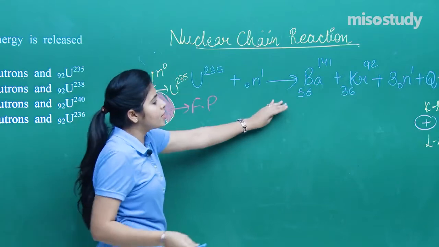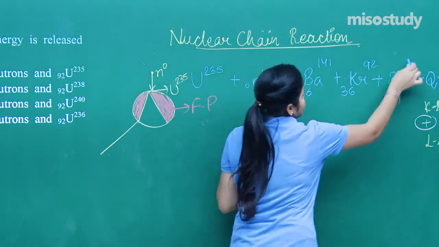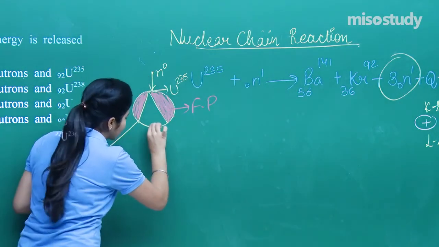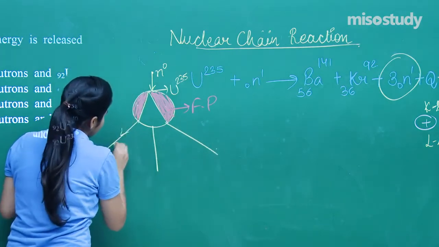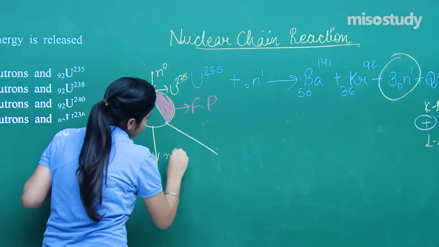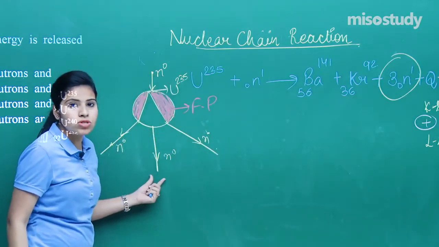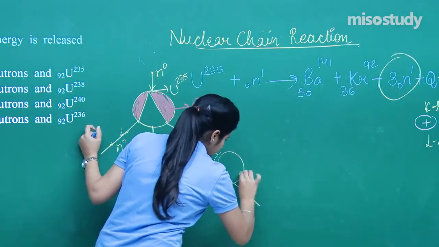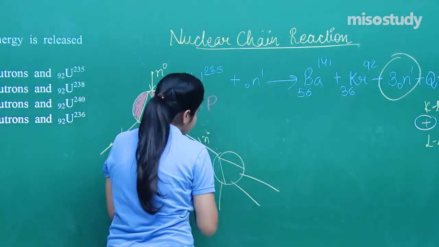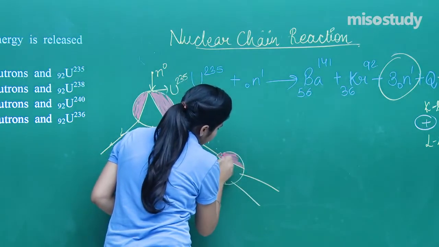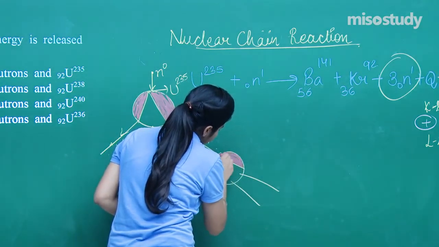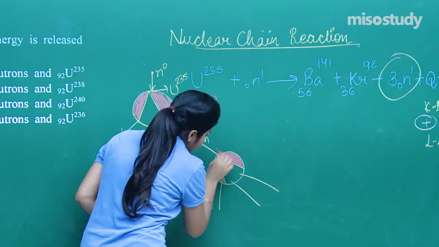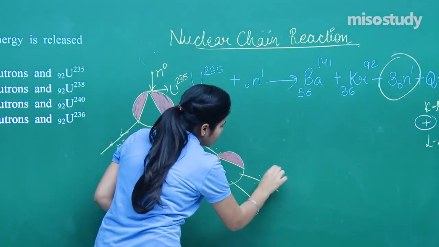Now in this case you have seen 3 neutrons are coming out. We are going to represent these 3 neutrons as 1, 2 and 3. These are nothing but the neutrons. Now when these fast moving neutrons are going to hit further U-235 isotopes, again this will be your fission product, and these will be 3 neutrons.